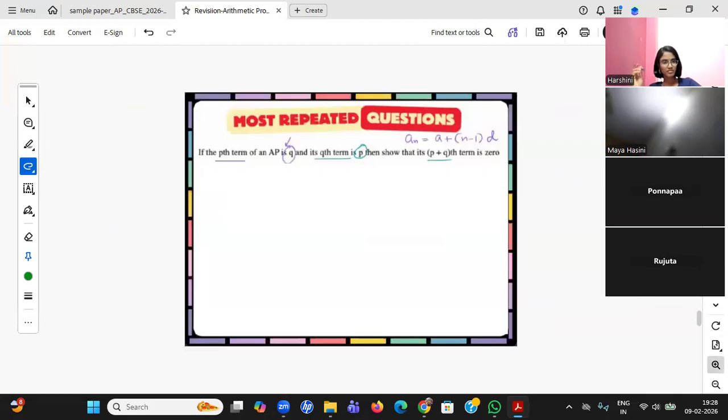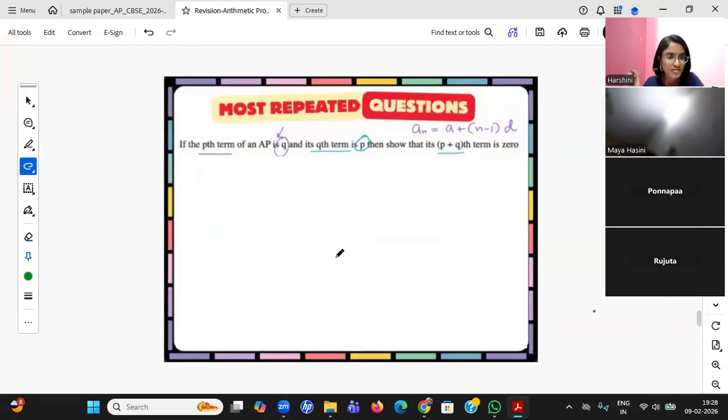Students, there are some most repeated questions also. Look at this question. The terms will be confusing, but please see, you need to apply the same funda. If the pth term of an AP is Q and the qth term is P, then show that the P plus qth term is 0. If you read like this, you'll get confused. But try to break it. Whenever a big problem comes in life, try to break it into small ones.